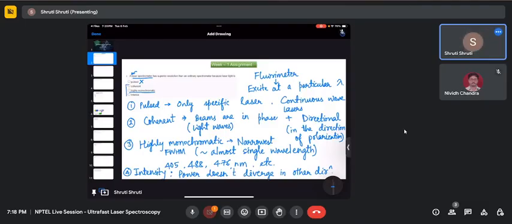This rate is given by this equation: kBT by h, Q star by QaQb, e to the power minus Ea by RT. Kb is the Boltzmann constant, T is temperature, h is Planck's constant. Here the Q's are the partition functions.